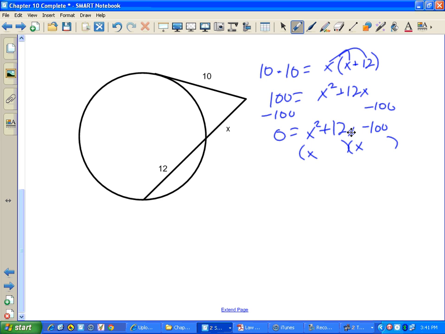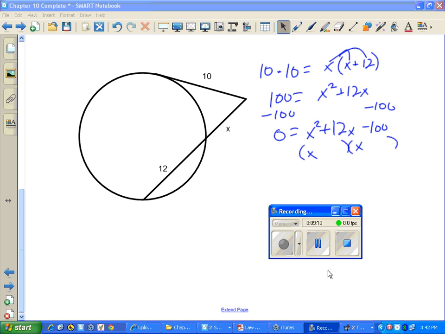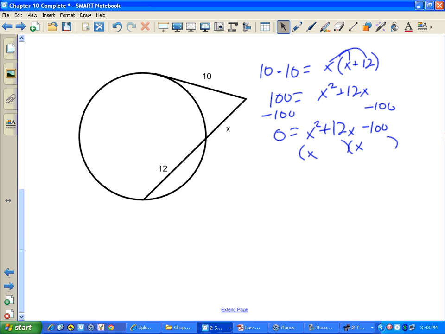We need to get closer together. Well, I'm not sure if this one factors. Yeah, this one won't factor, so we're going to have to resort to our quadratic formula.